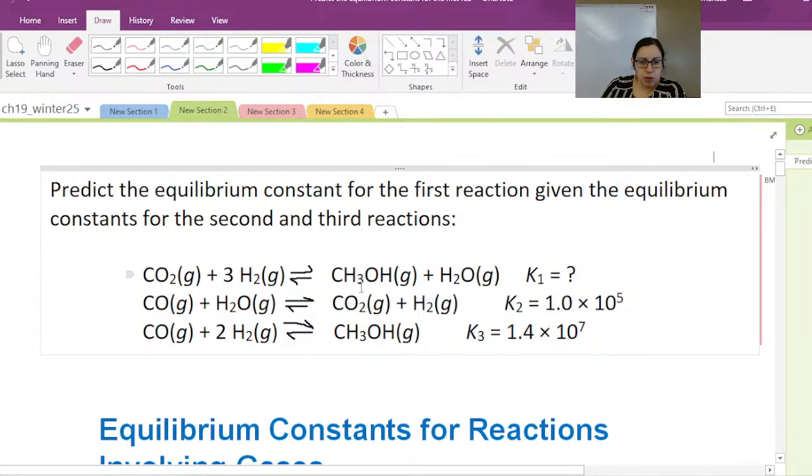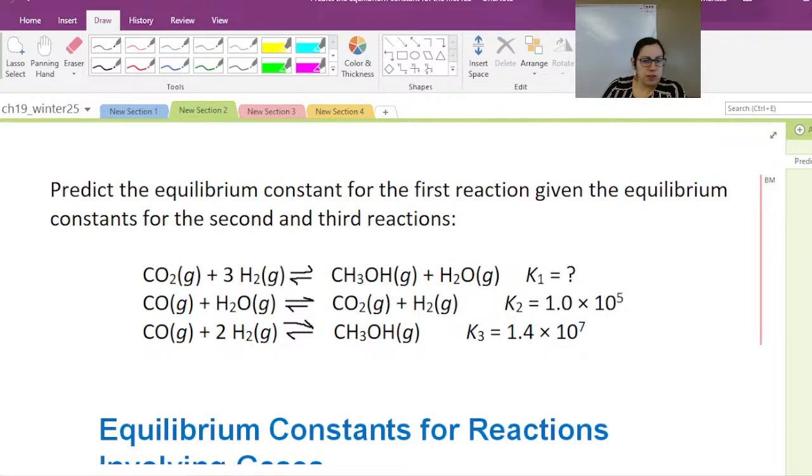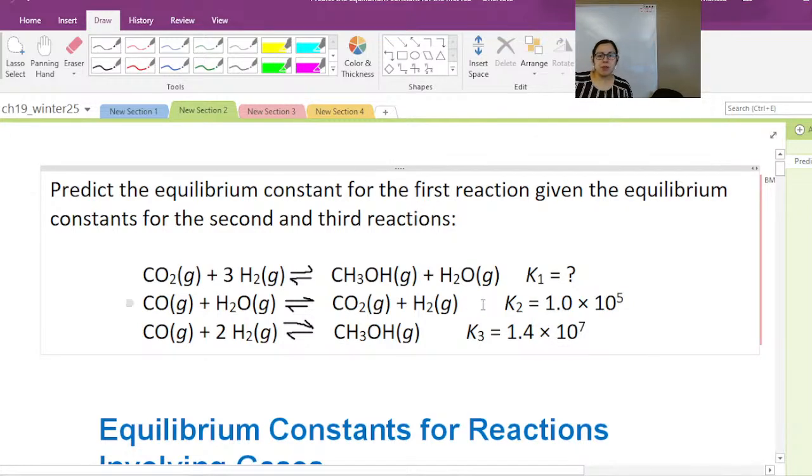And we're also given these other 2 equations, so CO plus H2O give us CO2 and H2, and CO plus 2 equivalents of H2 give us methanol. So first think about, right, how to add these up to get what we want on top, and then what does that do to our Ks?